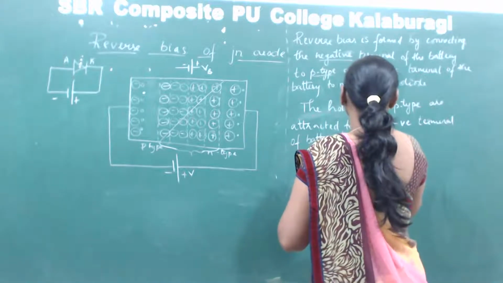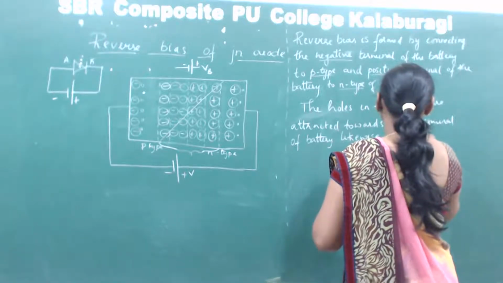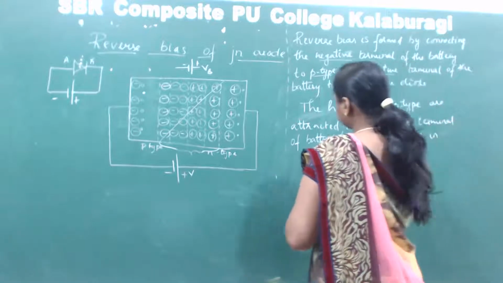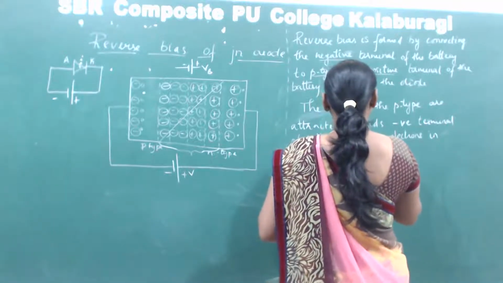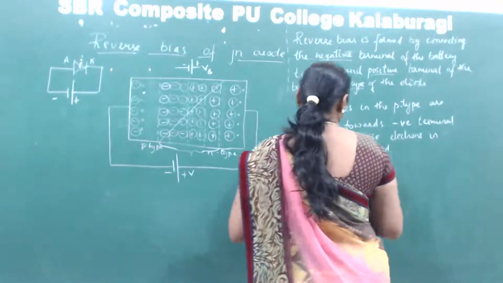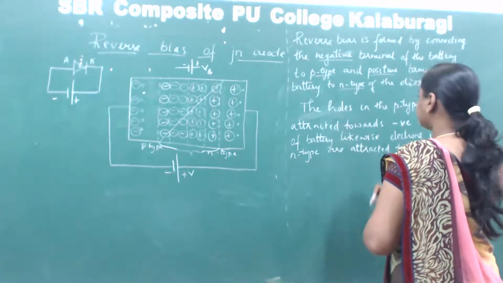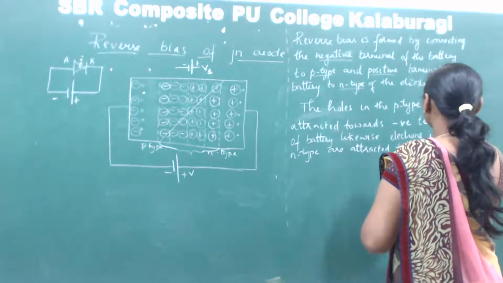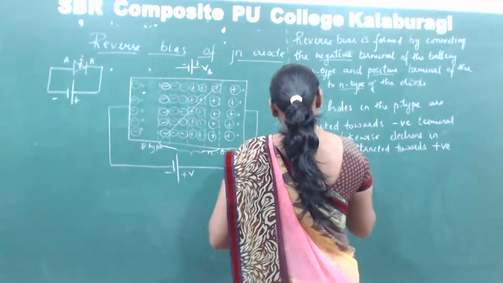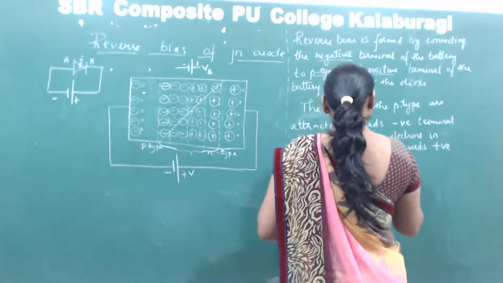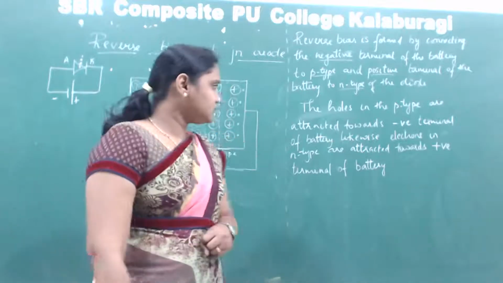Likewise, electrons in the N type are attracted towards the positive terminal of the battery.